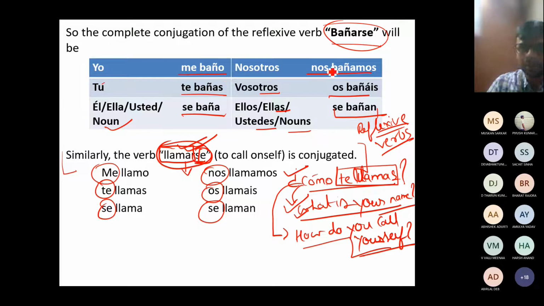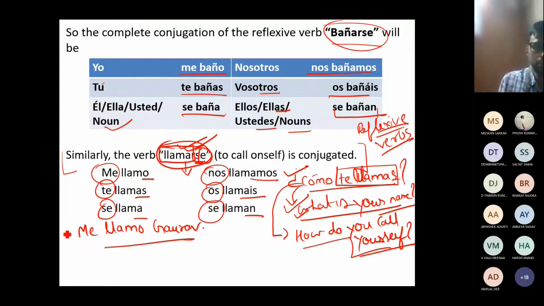So like bañar, it will change into llamo, llamas, llama, llamamos, llamáis, and llaman. When you were asked the question ¿Cómo te llamas?, you were saying me llamo, and then you put your name. If you want to put the subject yo, that will also be good. So yo me llamo, and then your name.